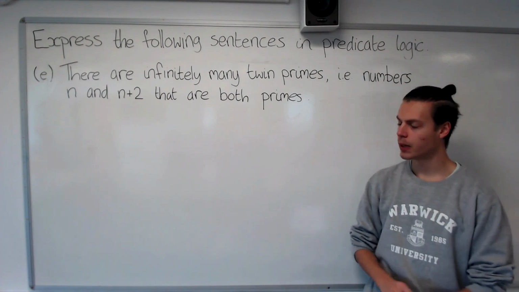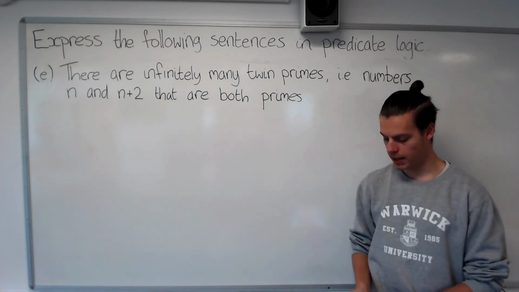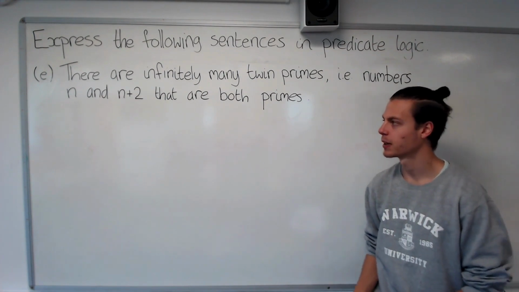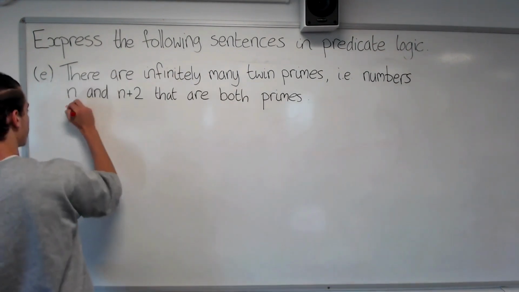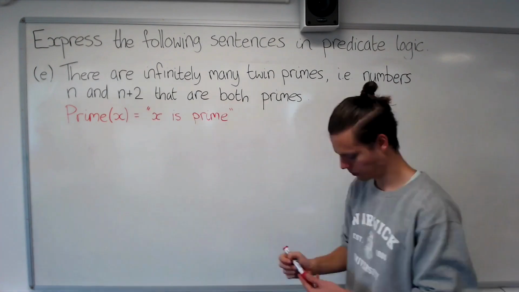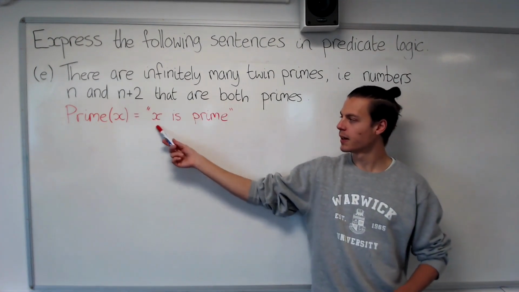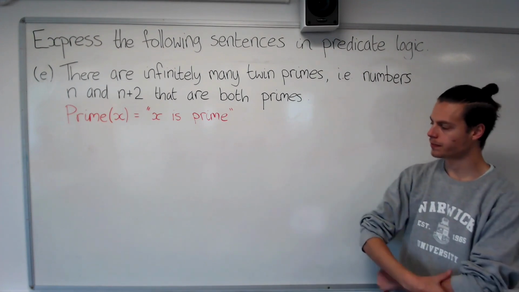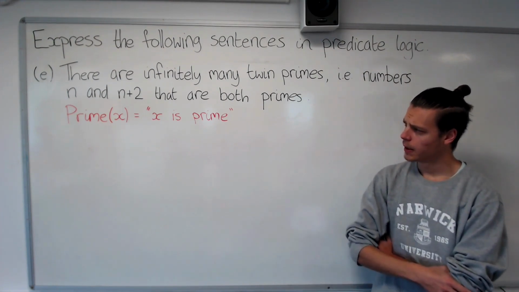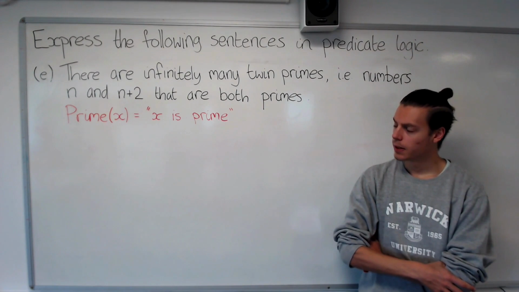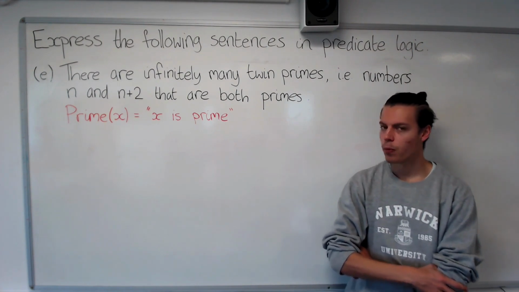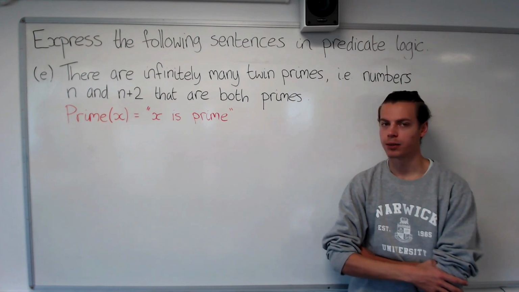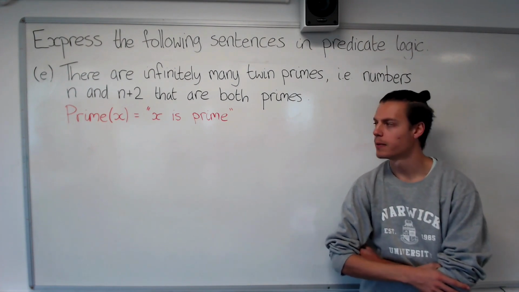Okay? So we'll start by introducing a predicate to express that x is a prime. So prime x expresses that x is prime. Now, let's express the statement y and y plus 2 are twin primes. Okay?